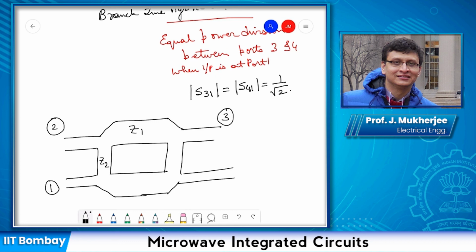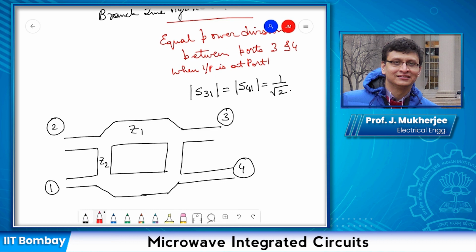Now, for a branch line hybrid, as you can see, the port order is same as that for the symbol of a coupler. This is 1 followed by 2 here, this is 3, this is 4. But that is not always the case. For example, for the rat race coupler, ports 1 and 2 need not be adjacent to each other.